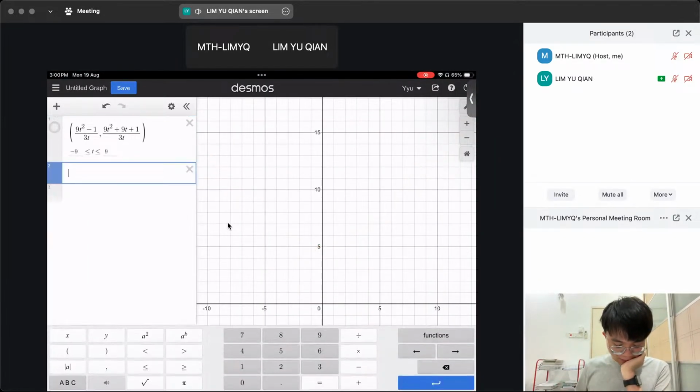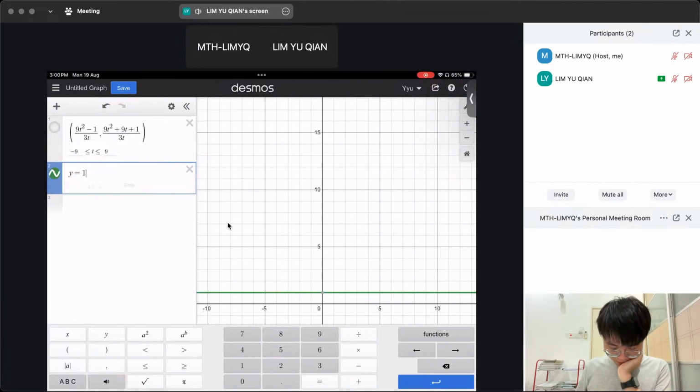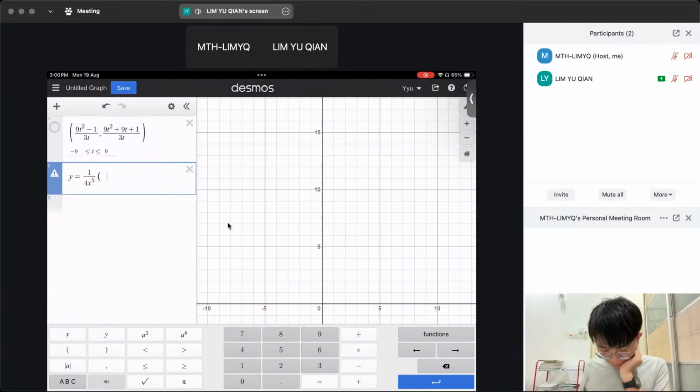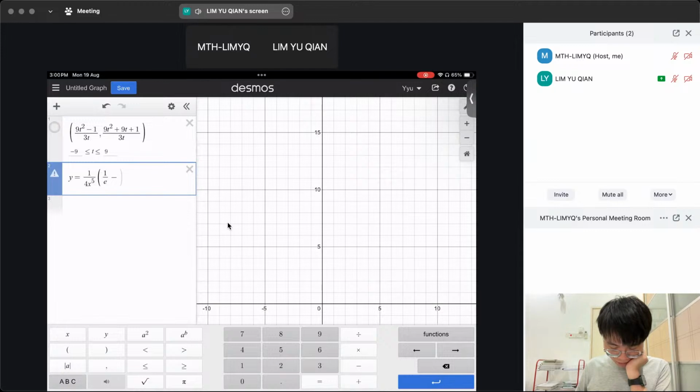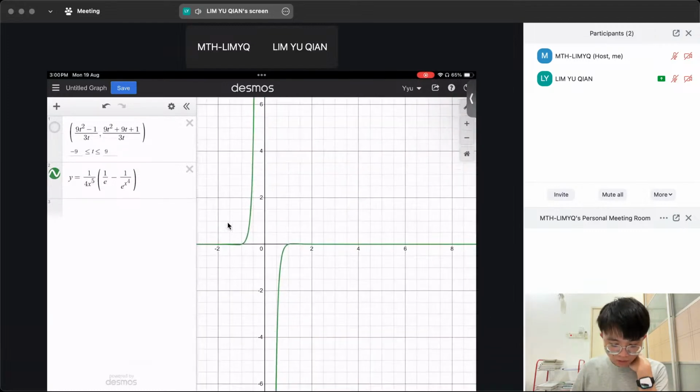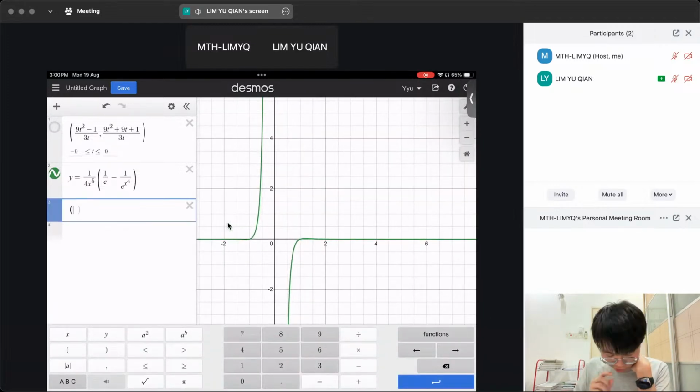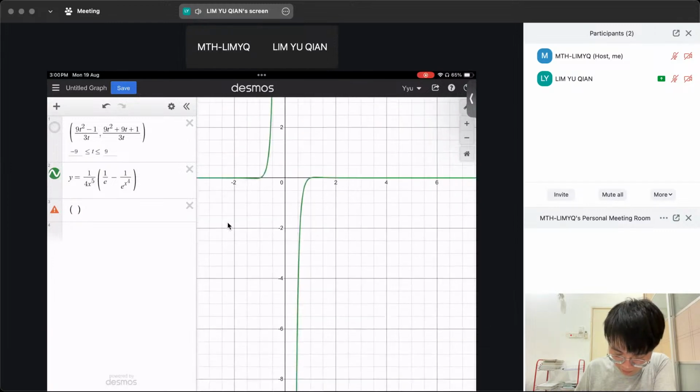Y equals 1 over 4x power 5 times bracket 1 over e minus 1 over e power x power 4. So this is the graph. You must make sure, number one, it passes through the initial condition, y equals 0 when x equals 1. Wait, is it?